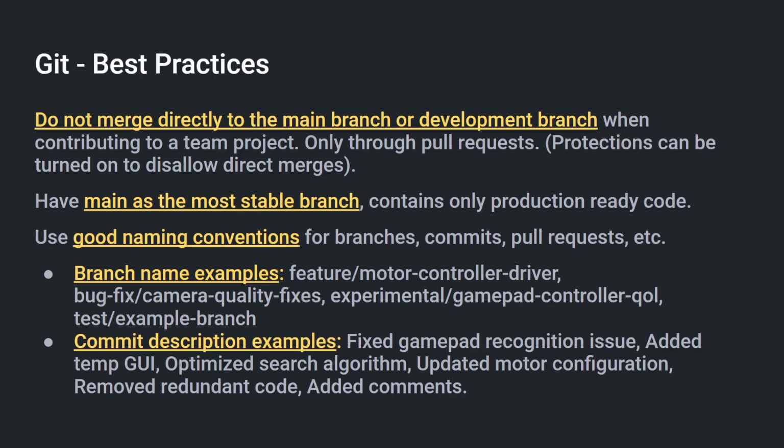Make sure to also use good naming conventions for branches, commits, and pull requests. So some examples for branch names would be feature/motor-controller-driver. You'll see the pattern here. You pretty much have the thing that describes what it's going to be, so feature, or something that's experimental, or a test, or a bug fix, and then a slash, and then the actual name of your branch.